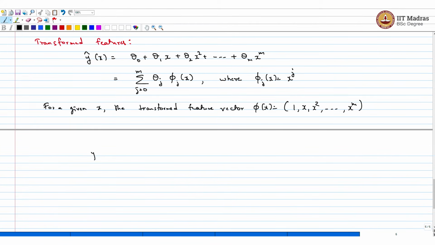Using this, I can write y hat of x is nothing but theta transpose phi of x, where theta equals theta naught until theta m, and phi of x is given above.